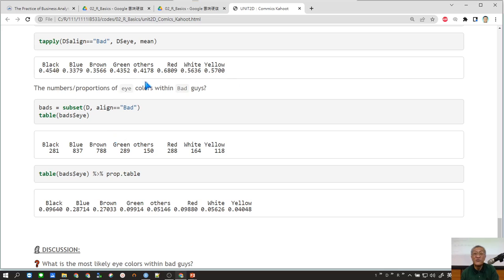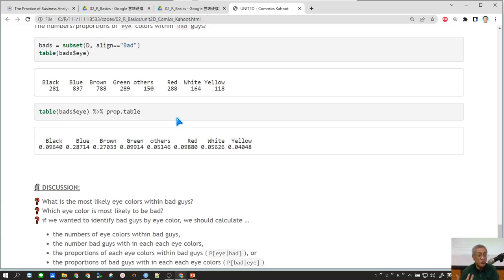By looking at this, right? Given eye color, this number is actually the probability of bad. So when we are asking which eye color is most likely to be bad, we are asking for the maximum here. So it's red eye, isn't it?